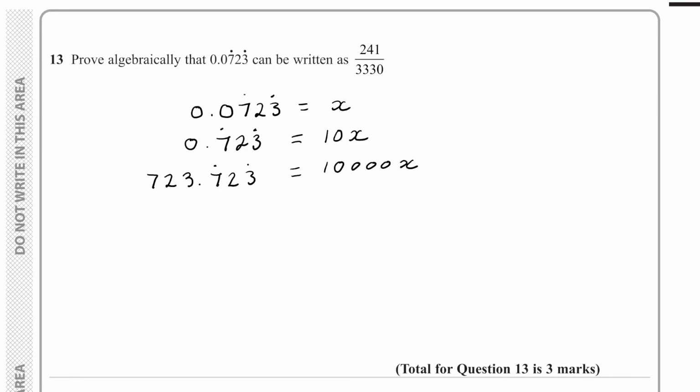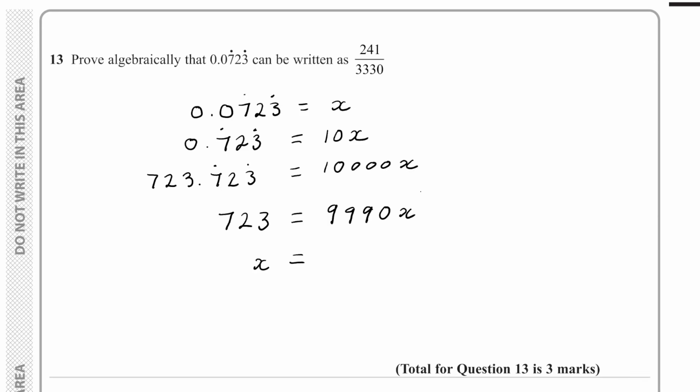Now I can use that to eliminate my recurring part. If I do my 10,000 x's, take away 10 x's, 10,000 of x, take away 10 of x, will be 9,990 x's, and 723.723 take away 0.723723 is just 723.